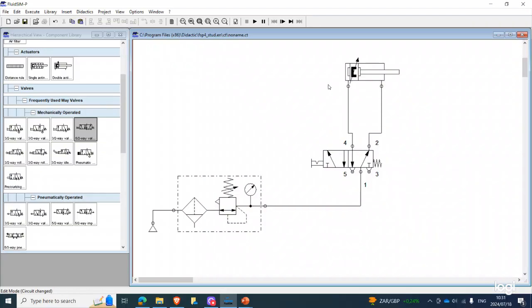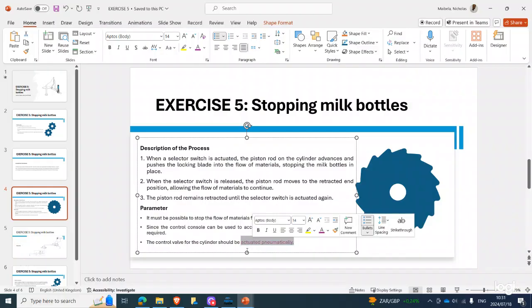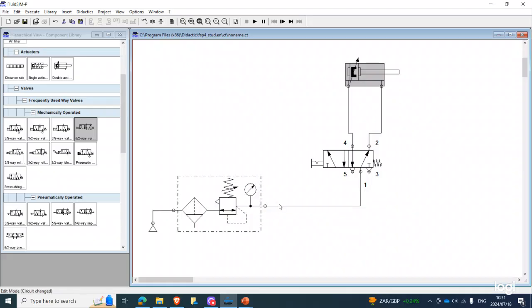Since we're trying to actuate our cylinder indirectly, we can't connect the push button directly to our double acting cylinder, because according to the parameters, what's allowing air into the cylinder should be actuated pneumatically. So you need to find a pneumatic component that can supply air into the double acting cylinder.